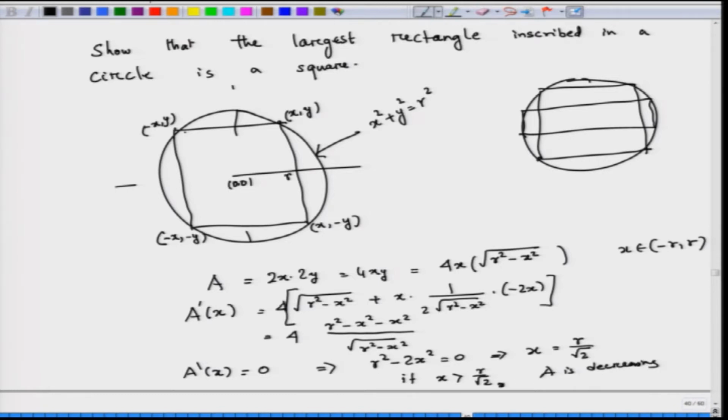Similarly, if x is less than r by square root of 2, then A prime is positive, so A is increasing. So, what do we get? At the point x equal to r by square root of 2, on the left-hand side it is increasing and on the right-hand side it is decreasing. So, this is going to attain the maximum.